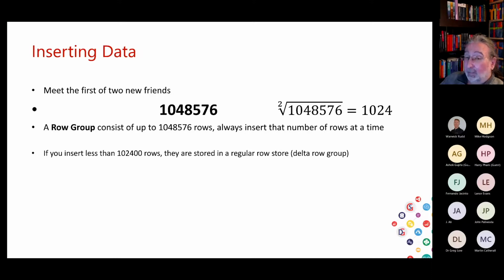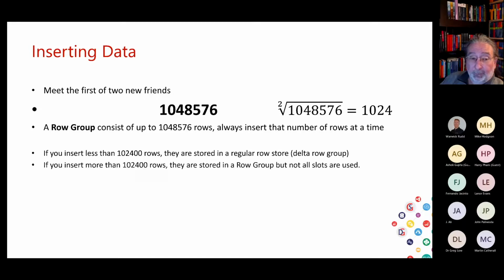So never ever insert less than 102,400 rows, because that will definitely get you individual rows. And this is one of the biggest reasons why you can't use clustered column stores for OLTP systems, because OLTP systems insert one row at a time.